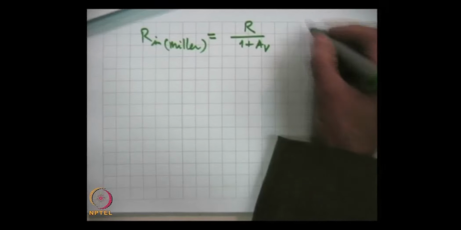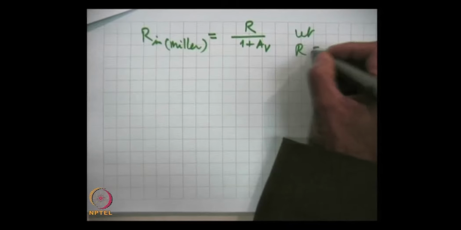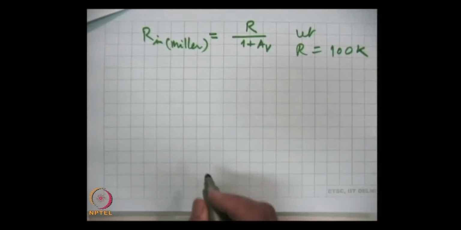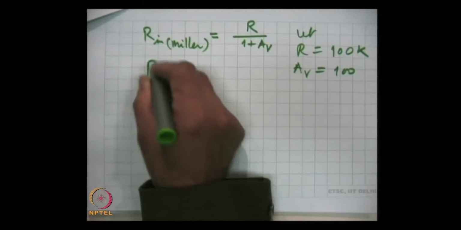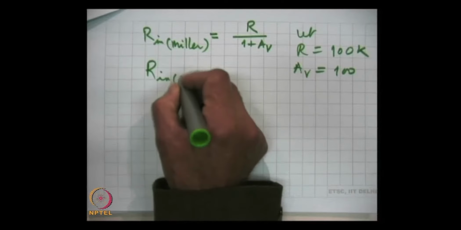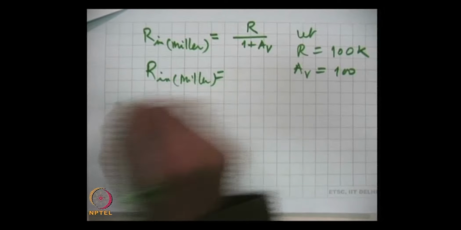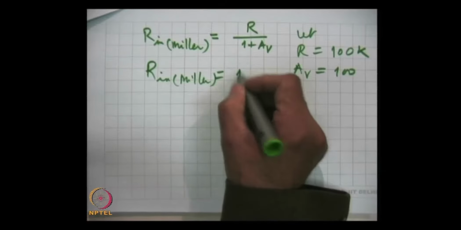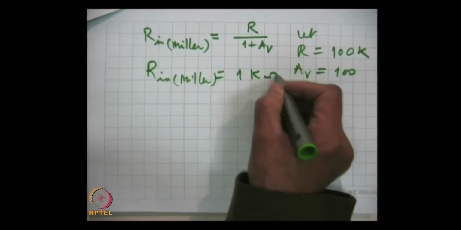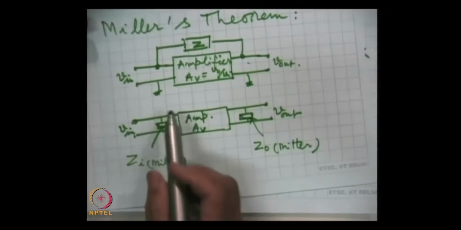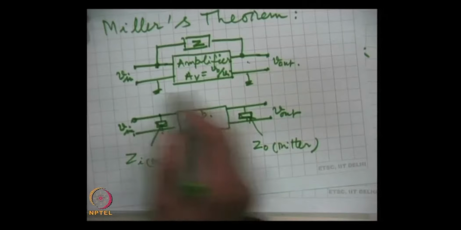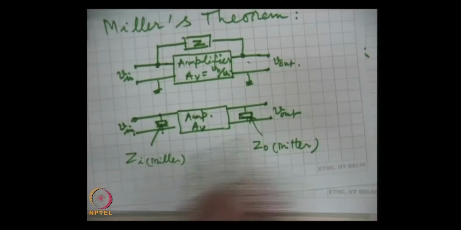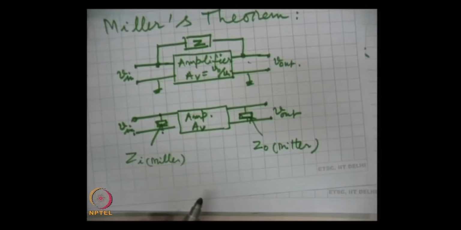If R is, say, 100 kilo ohms, and if gain also we take as 100, then R effective due to Miller will be reduced from 100 K to 1 kilo ohm in shunt, in parallel between this terminal and ground, because normally these terminals, one at the input and the other at the output, are grounded.